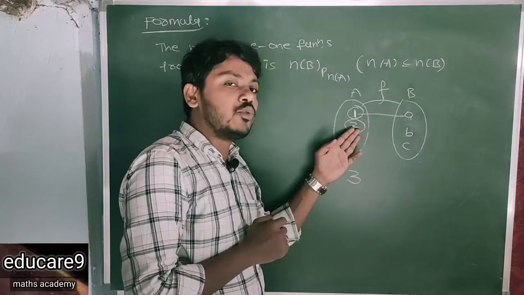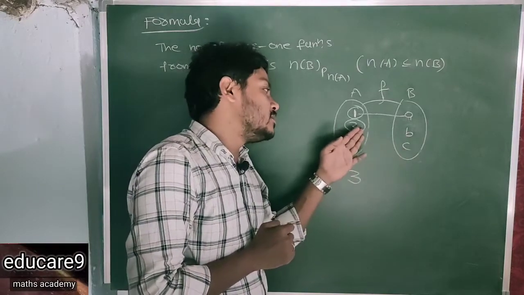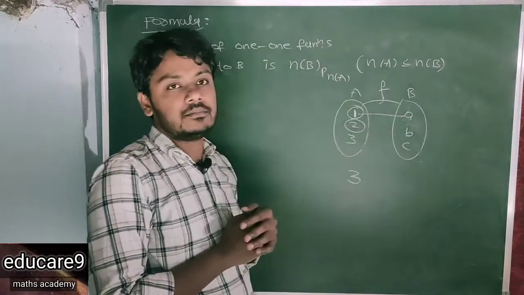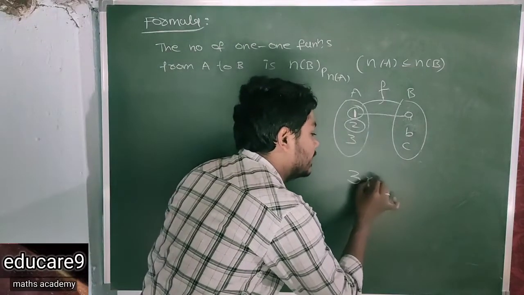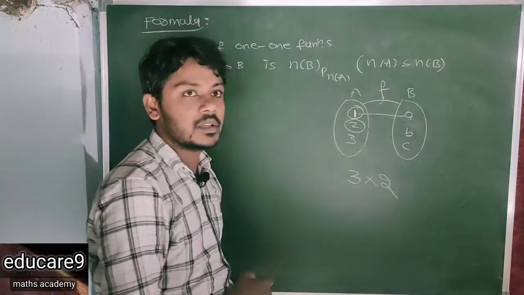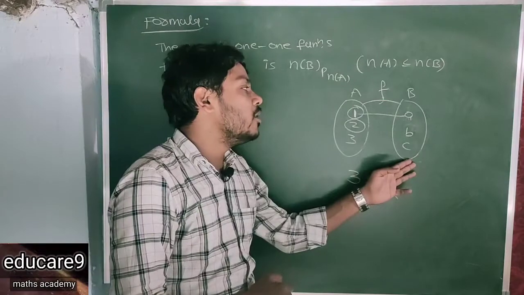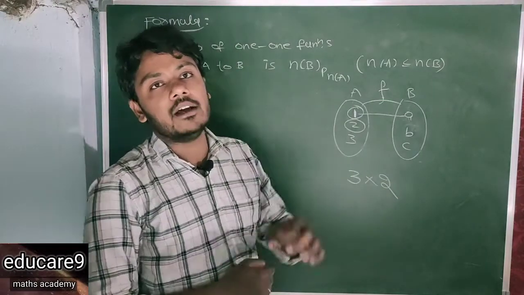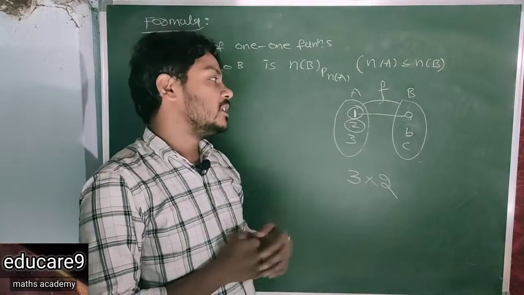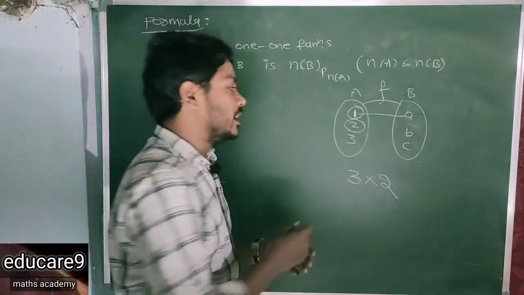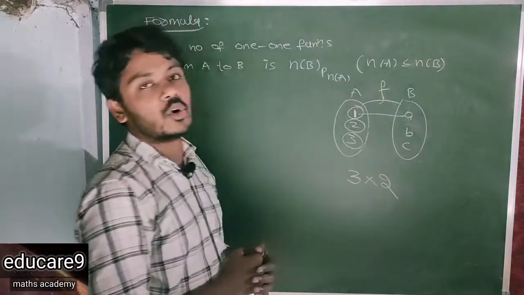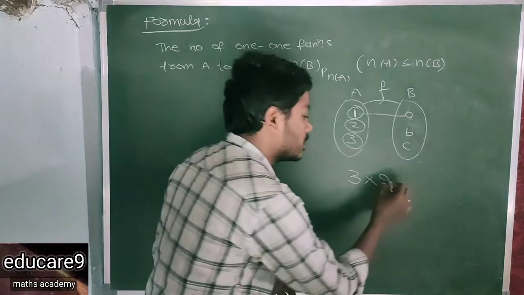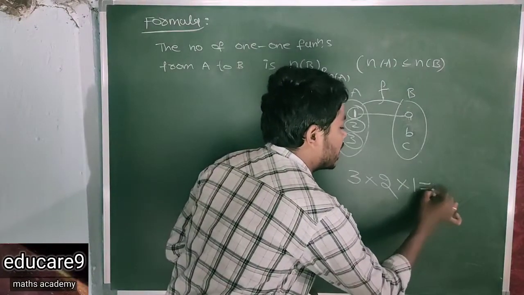Here the chances of 2 are 2. This is mapped to either b or c. So clearly times 2. Out of 2, 1 is mapped and only 1 is left, that is either b or c. Here also only 1 is left, so the total chances is 1. So this is 6 only.